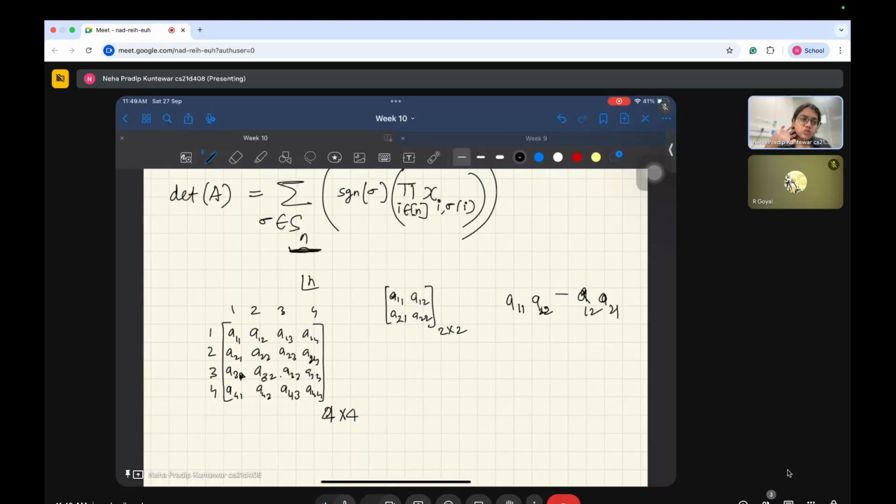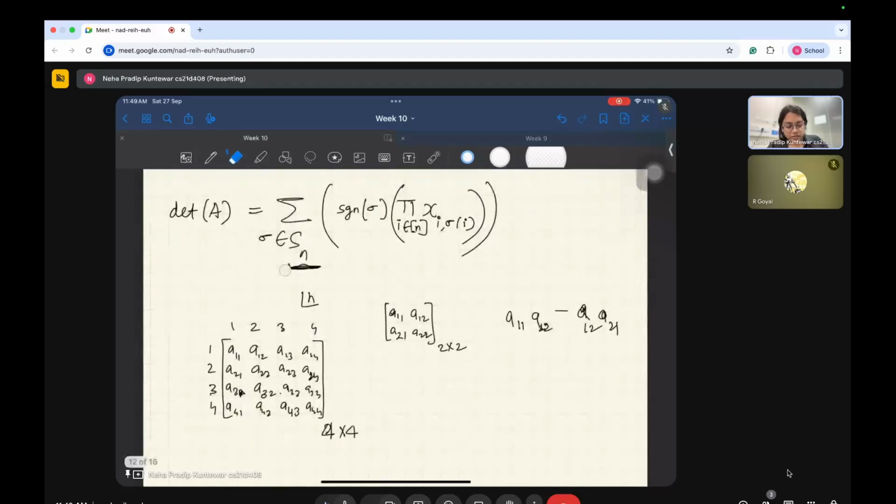Because there are only two permutations that you can imagine from 1 to 2: either 1 to 2, or 2 to 1. So where do we get this fact reflected in this calculation? Sn will be these two permutations.